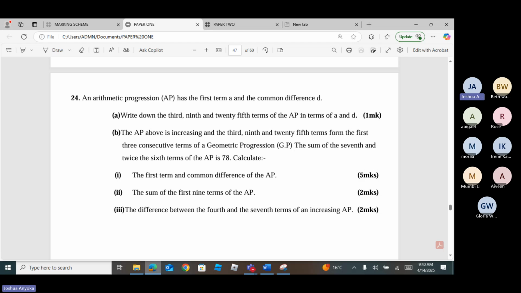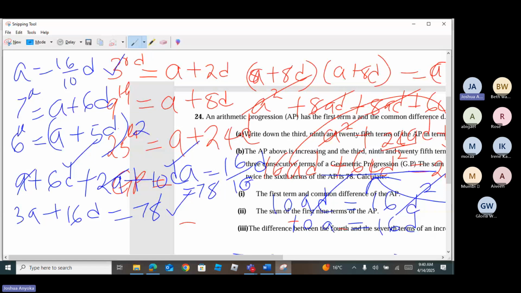So we multiply the sixth term by 2. That's why we have this one. We have the sixth term as A plus 5D. But twice of it will be A plus 5D times 2, so that we get 2A and then 10D. And that's what we have substituted.